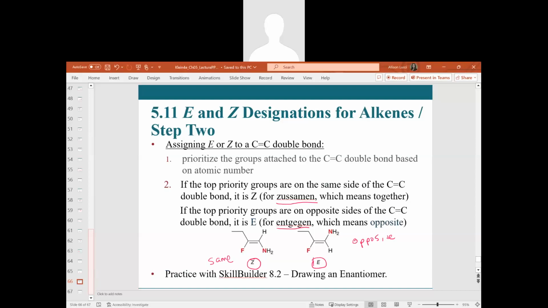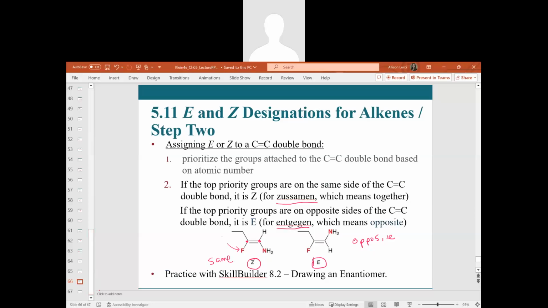And that's where the E abbreviation comes from. So again, look at each of your two vinylic positions, then prioritize which group is higher priority. If it's on the same side, it would be Z notation. If they are on opposite sides, they would be E or Entgegen notation.